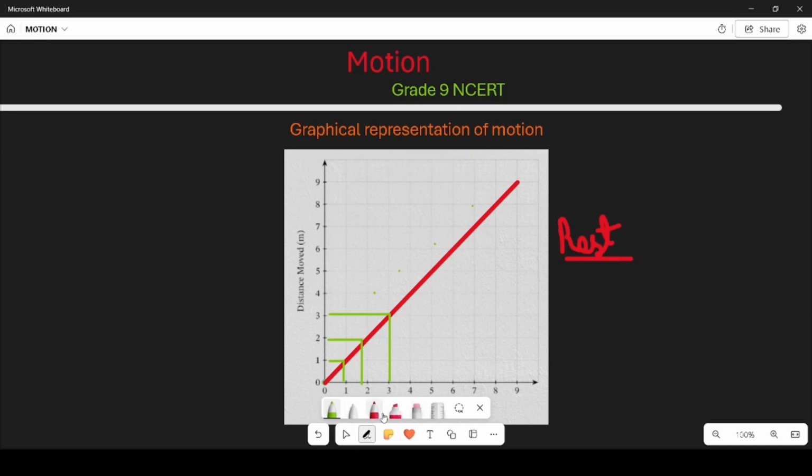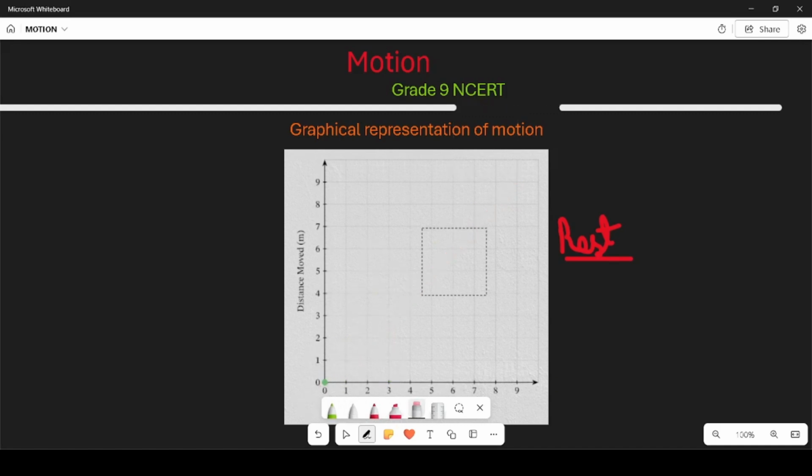Now let's see how you can represent an object going in non-uniform motion. This is a curved line. The non-uniform motion can either be like this, or it can be like this.